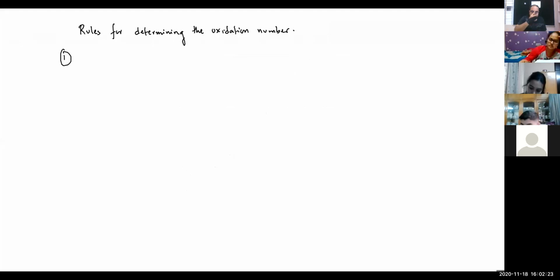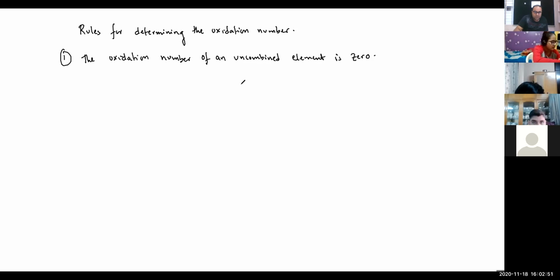Redox notes, okay? The oxidation number of an uncombined element is 0.